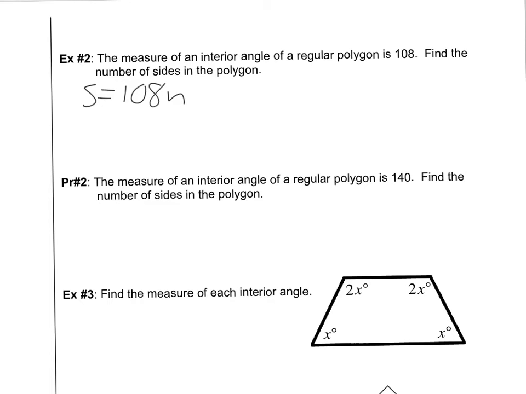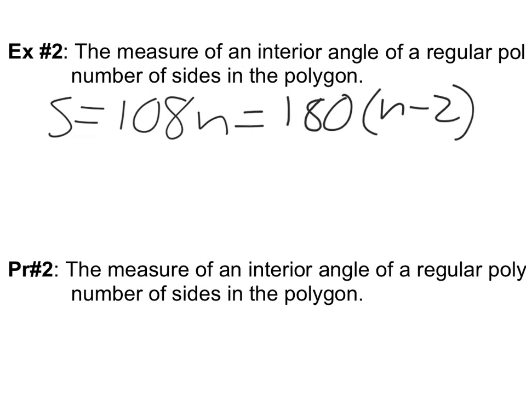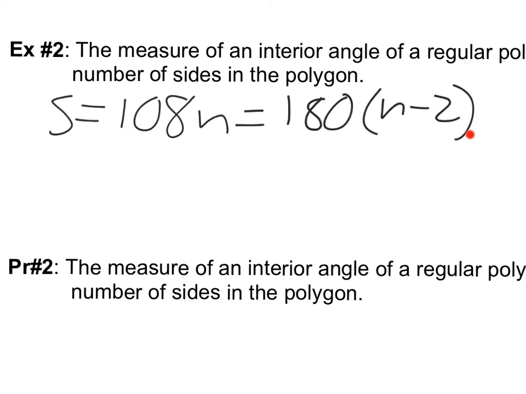However, we also know that the sum is always going to equal our little formula, which is 180 times the number of triangles, which is n minus 2. Once you have these two expressions equal to each other, you can just solve for n, and that will give you the number of sides. So we have 108n equals 180n minus 360.